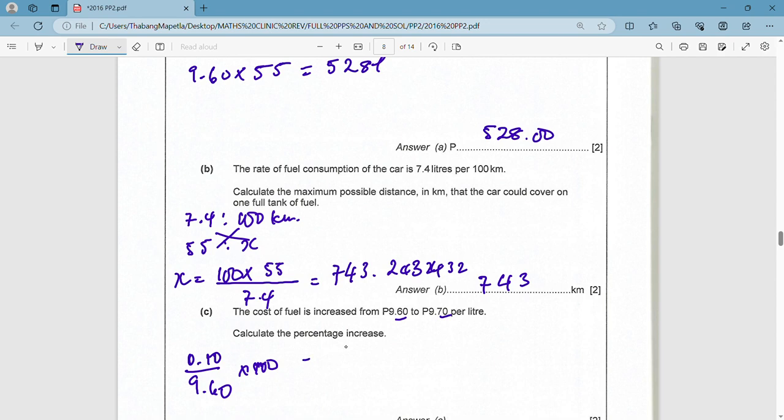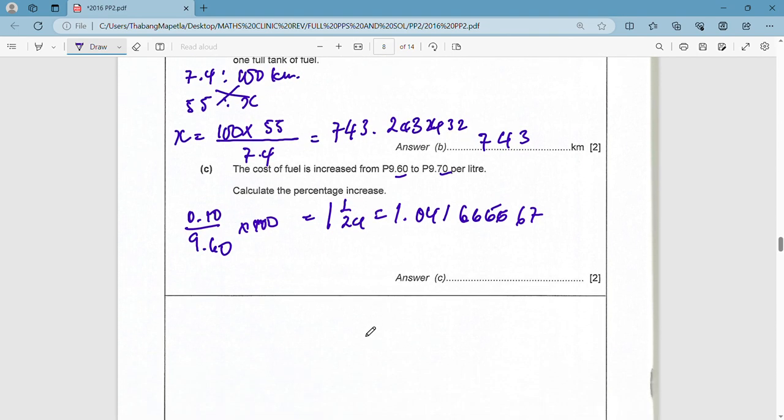That is 1 over 96, which is about 1.041. That is the percentage increase.